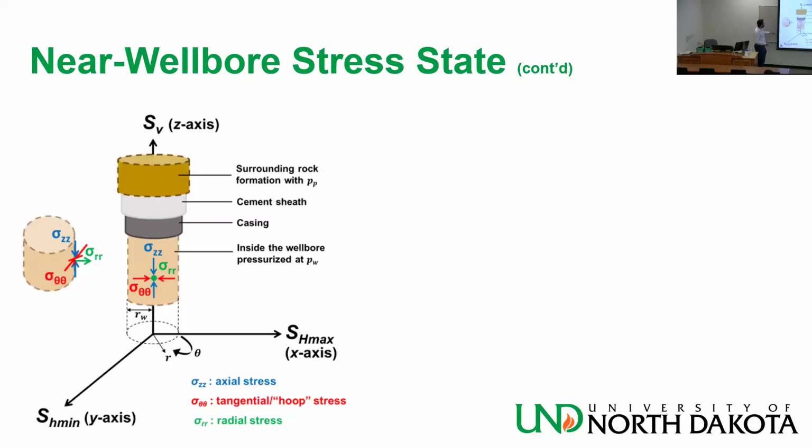And then you have the wellbore: the empty well, surrounded by the steel casing, which is surrounded by the cement sheath, and is surrounded by the rock formation. And you have the cylindrical stresses here and here.